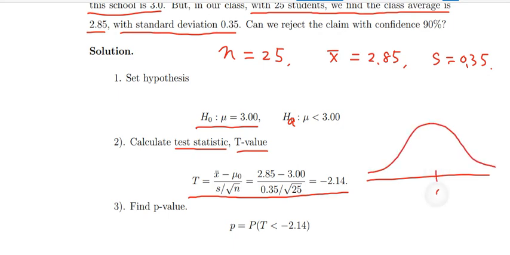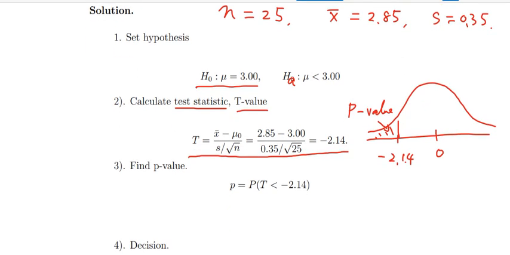So this is 0, and here we find our cutoff point, negative 2.14. This is the p-value. We just want to find the p-value and make our decision. The p-value equals this probability, so we should check a t-table.